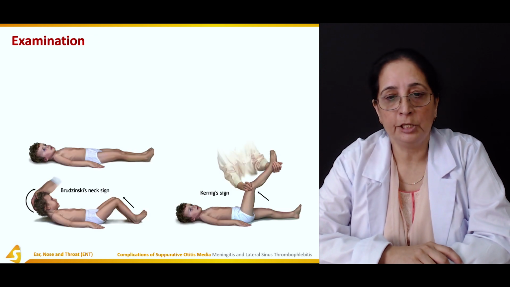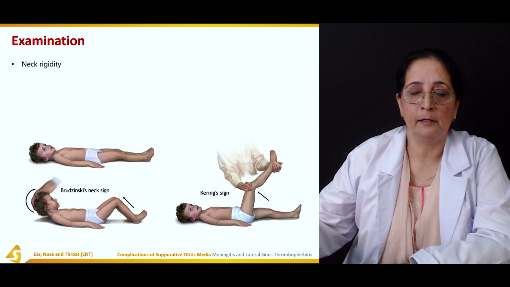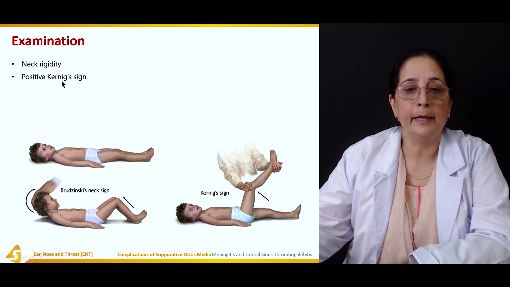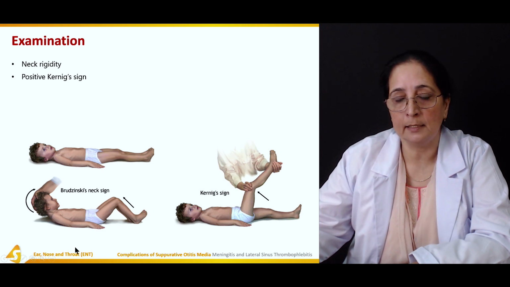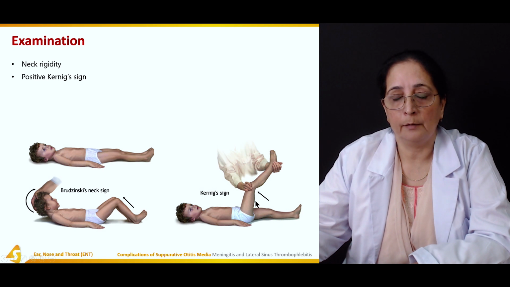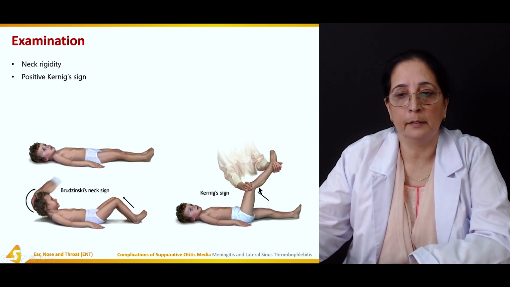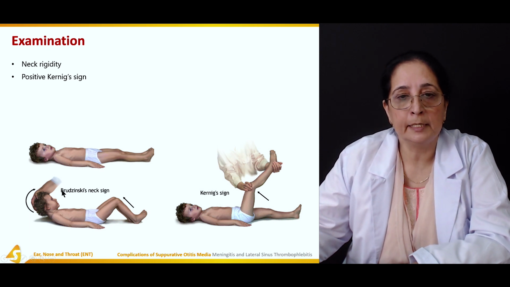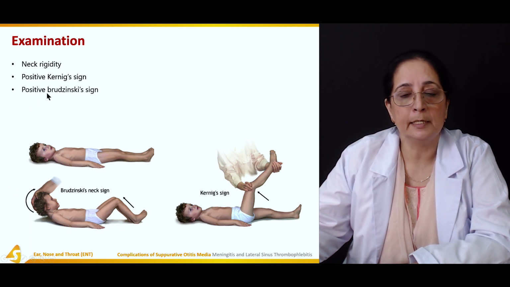In examination, the common features are neck rigidity and a positive Kernig sign. Kernig sign is when straightening of the leg is hard because of the rigidity. Then there is Brudzinski's sign, positive Brudzinski's sign.